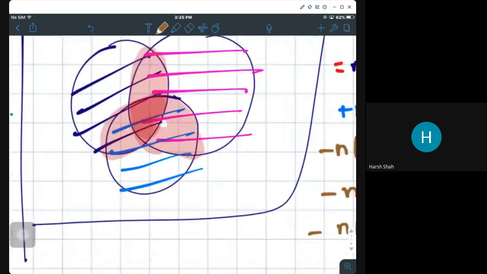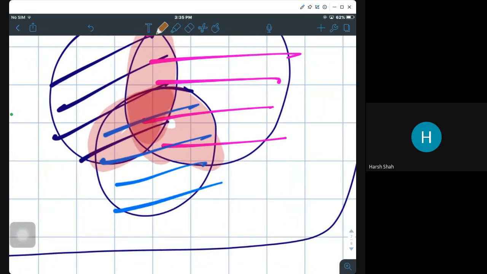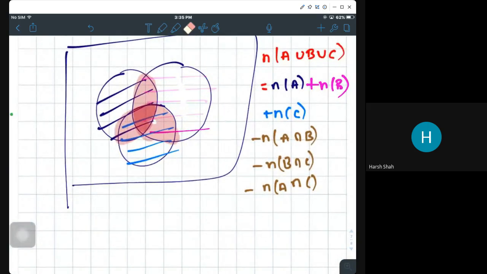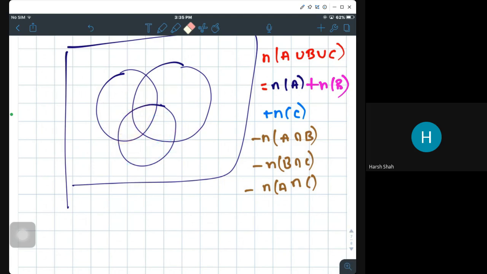Now, if you see that when I subtracted it the first time, let me do this again. First I took this, then I took this, and I subtracted this whole thing, correct?